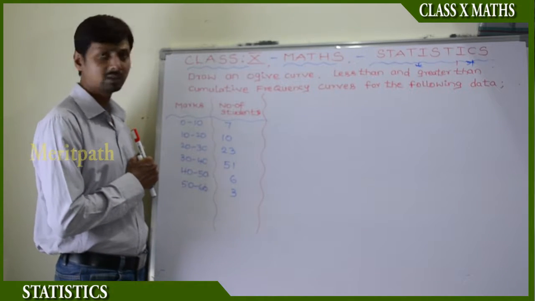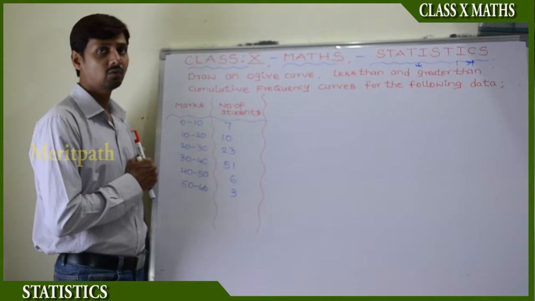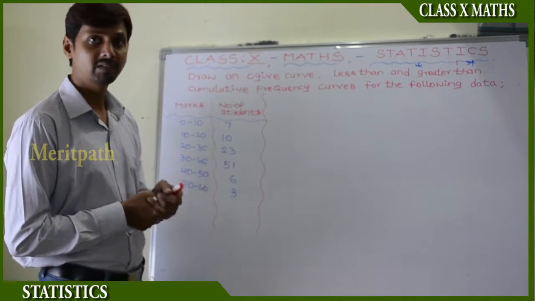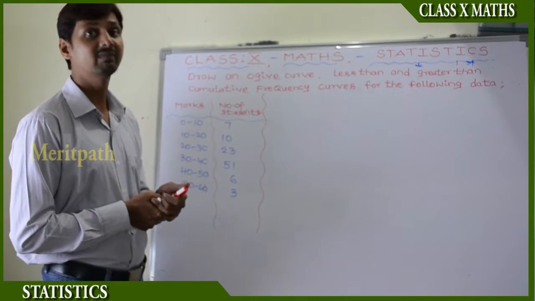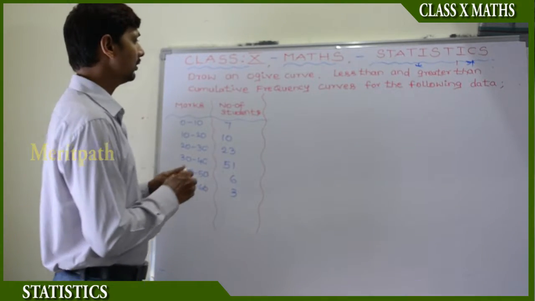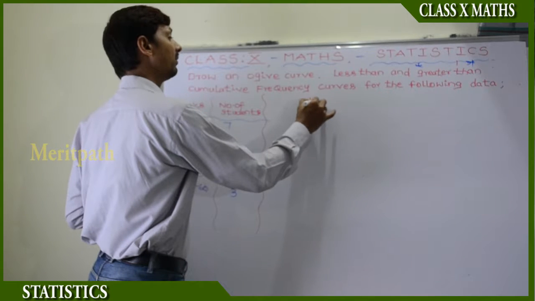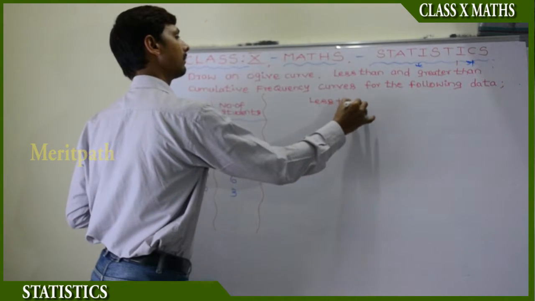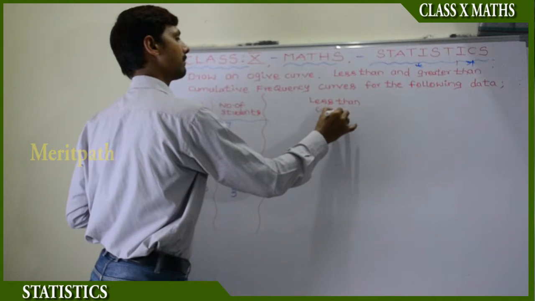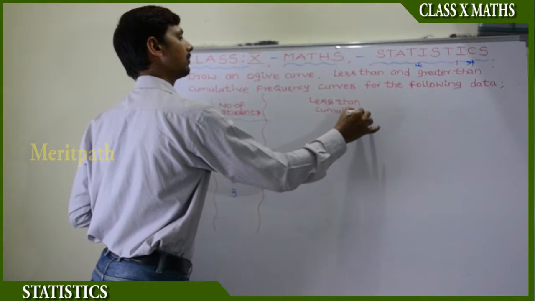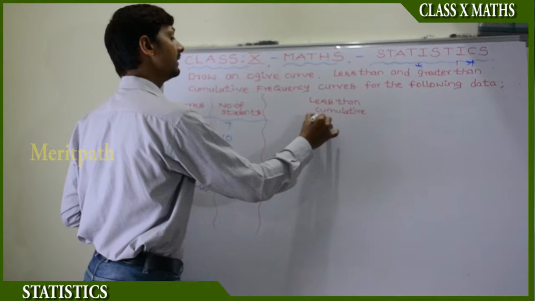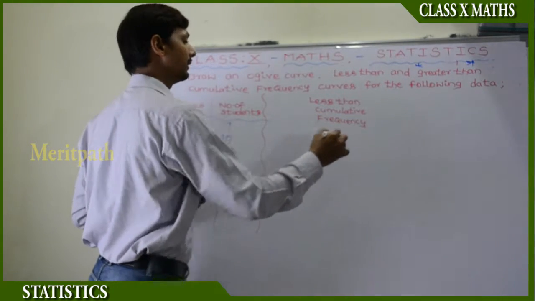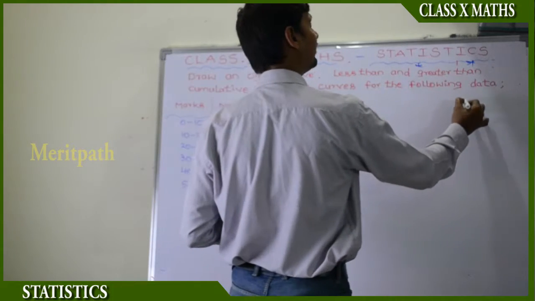We need to draw the ogive curve, or OQ curve, for this information. To draw the ogive curve for the following information, we need to take the less than cumulative frequency and the greater than cumulative frequency. So let's take less than cumulative frequency first, and also greater than cumulative frequency.